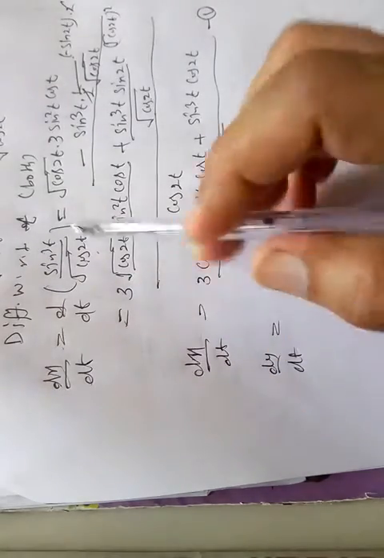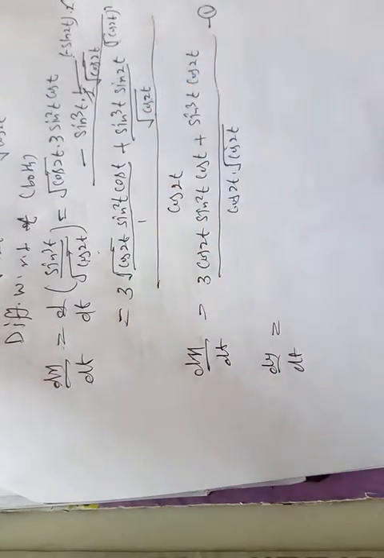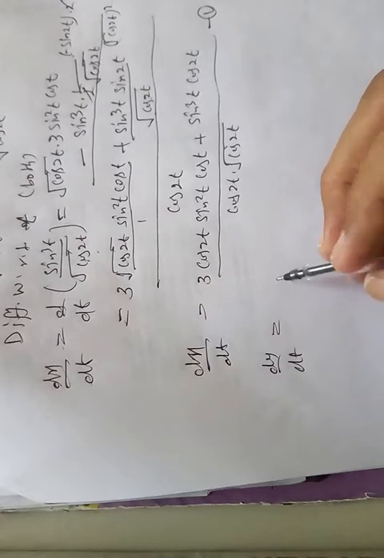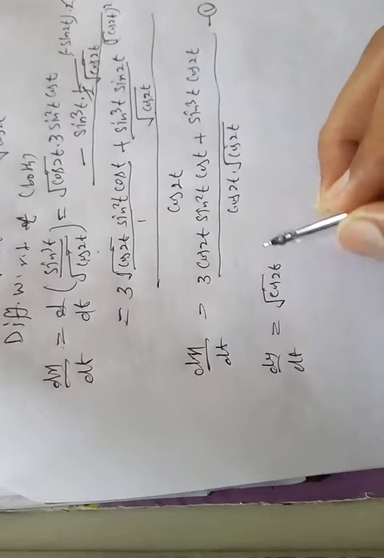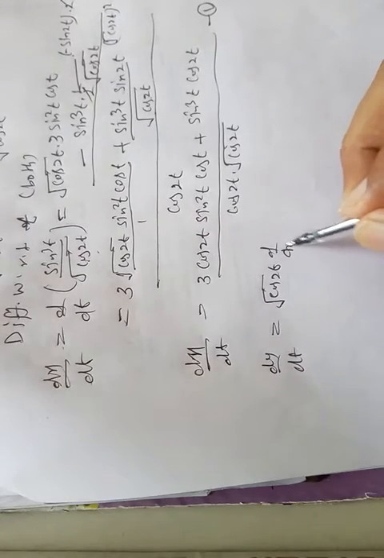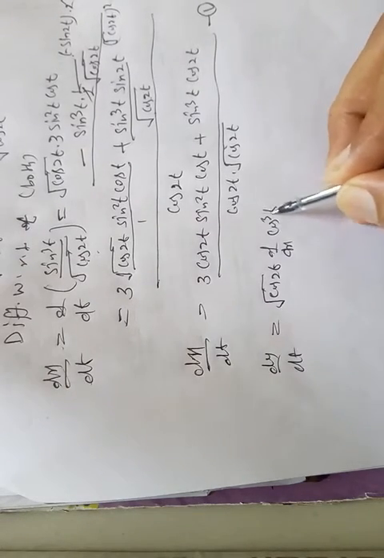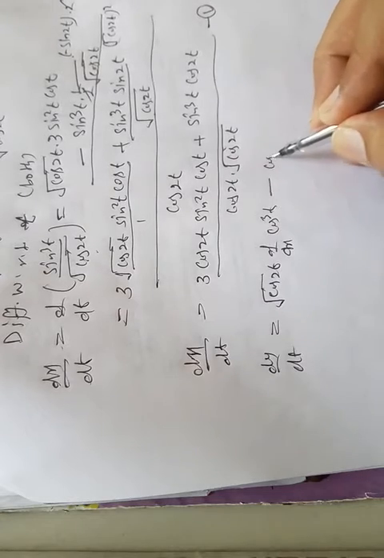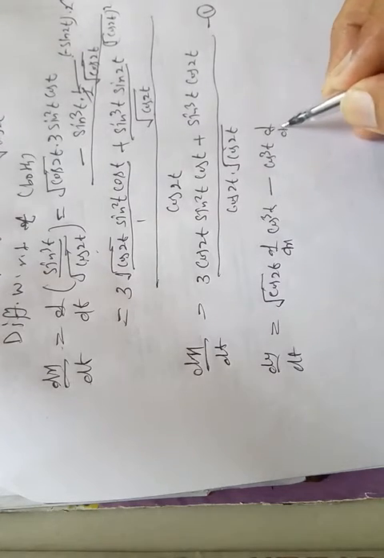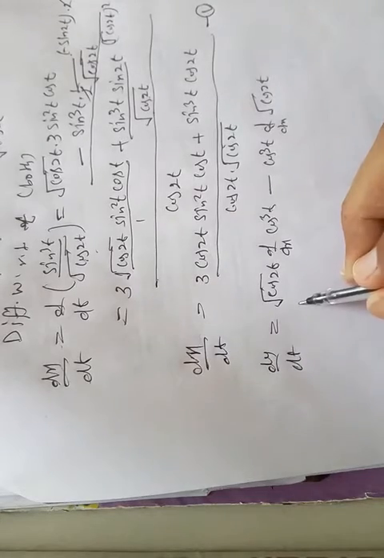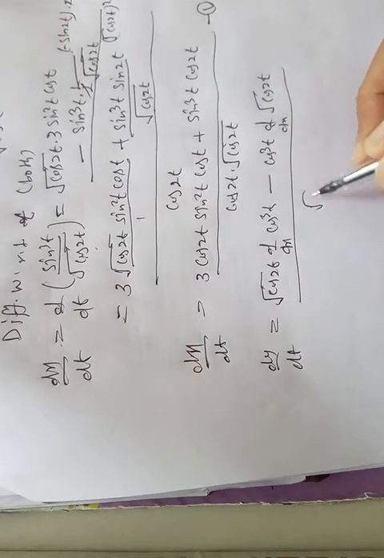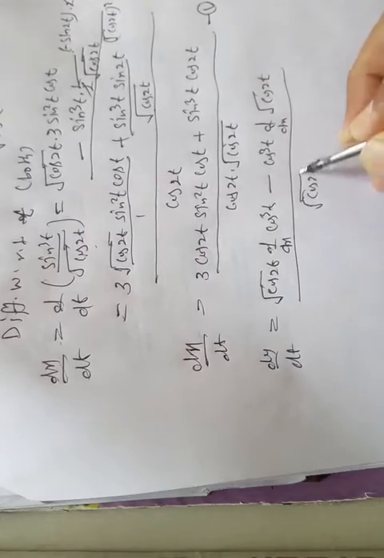Now dy/dt. Here y is cos cube t upon under root cos 2t.